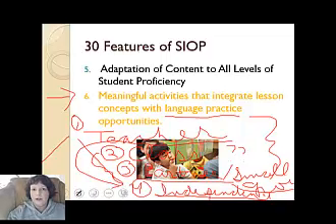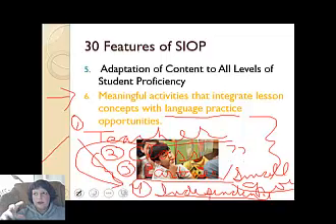So the two big things I'm going to be looking at in your lesson plan are your language objectives and then how you're adapting the lesson. I've had students ask me in the past, can they put in within the development of the lesson what they're changing, what's going to be different for their ELLs, and that's absolutely fine.